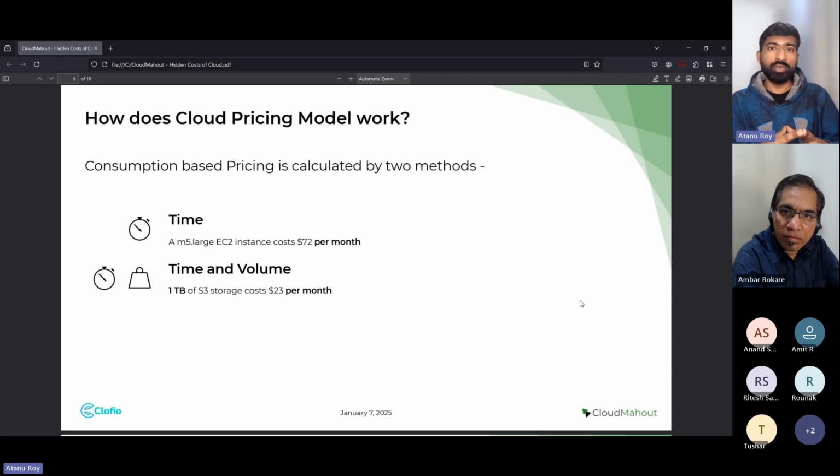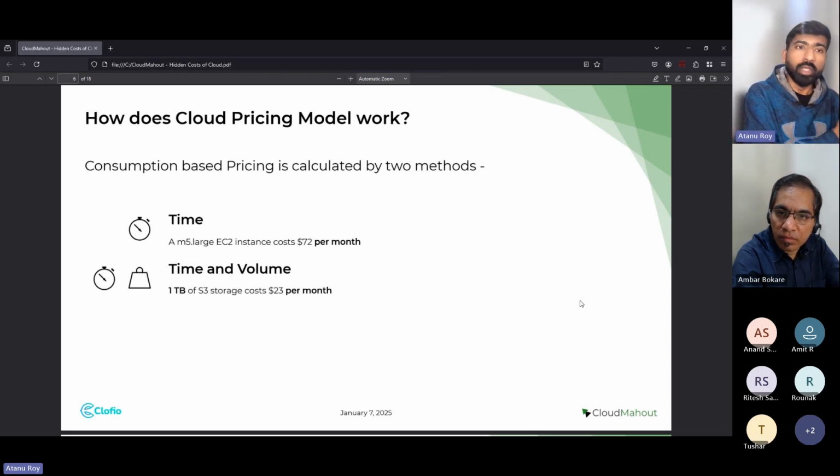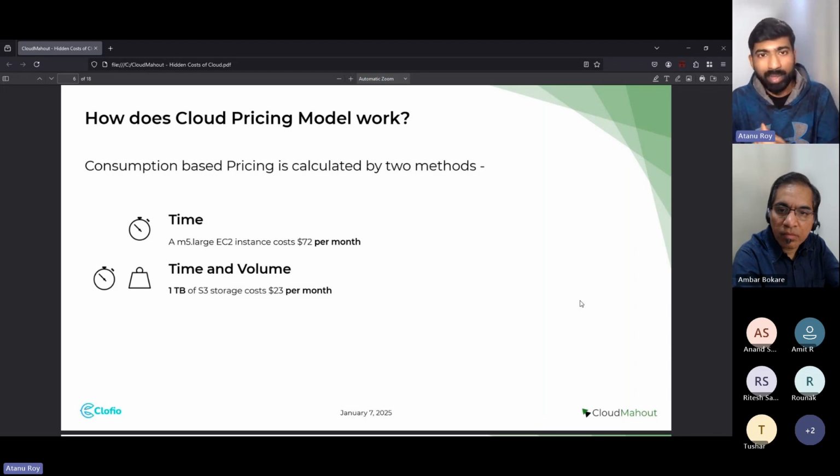But how much of that cost is coming from pure storage or compute, compared to how much is coming from other cost heads? These kinds of breakdowns are not very clear within the cloud bill. That's why we call them hidden costs, which hide inside your entire cloud bill, and they basically pop up at the end of the month when you need to pay the bill. So these are the things we are going to talk about.